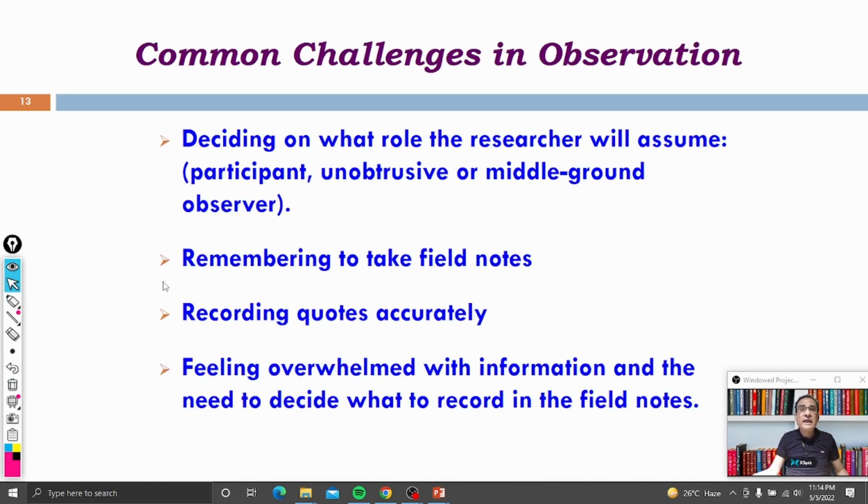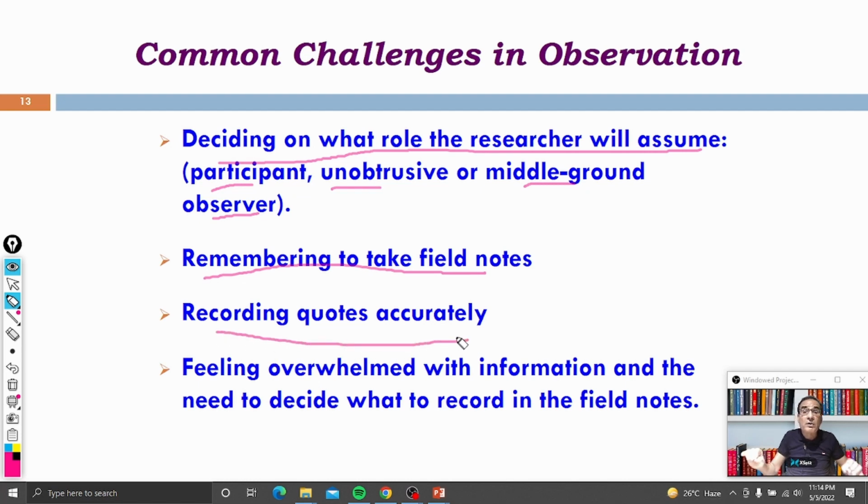Next, common challenges in observation. A common challenge is deciding on what role the researcher will assume: participant, unobtrusive, or middle ground observer. Remember to take field notes. Record and code accurately.